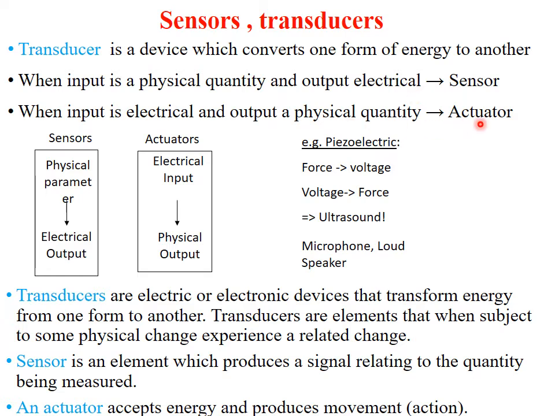At the same time, for an actuator, the input is electrical and the output is a physical quantity. For example, in the case of an electric motor, electrical energy comes in as the input and the motor rotation is the physical output. So, a transducer converts one form of energy into another, whereas actuators accept energy and produce movement.